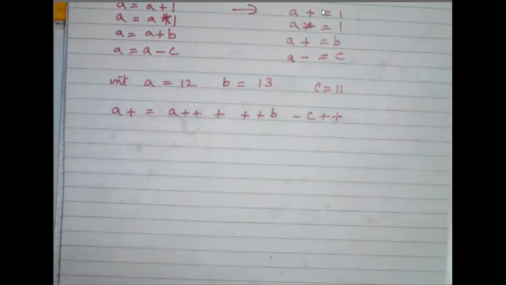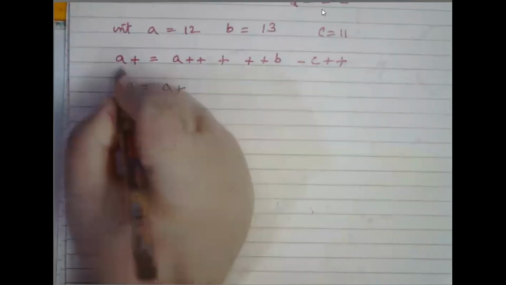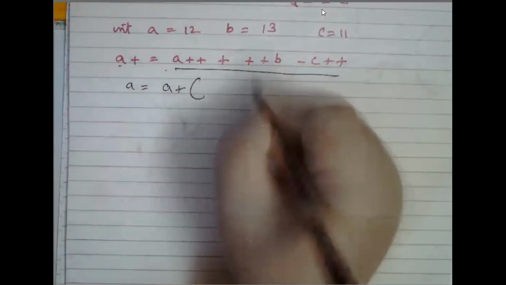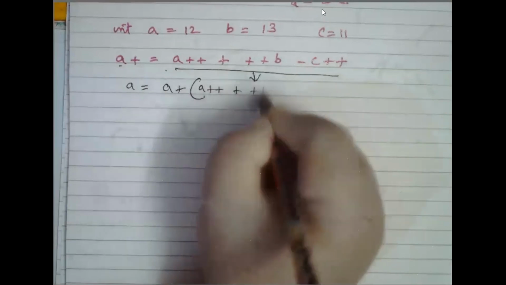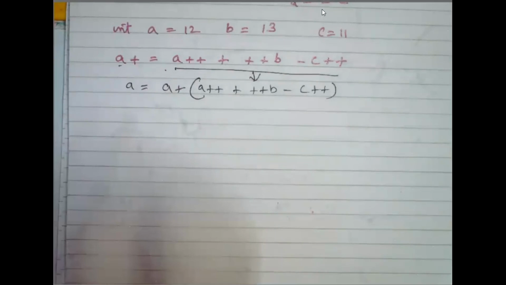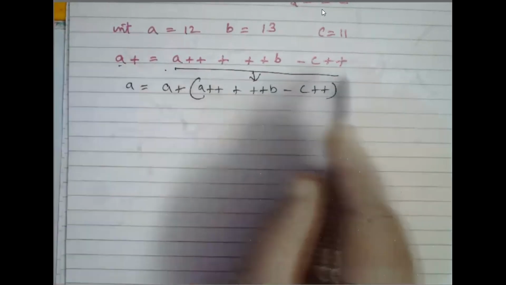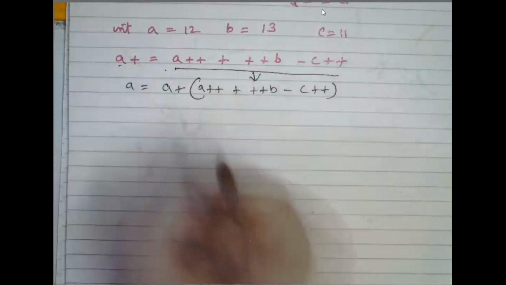This expression means A equals A plus, and the entire expression comes within a bracket: (A++ + ++B - C++). Shorthand operator, like I told, A plus equals means whatever is on the right-hand side will together be added and assigned to the variable A.